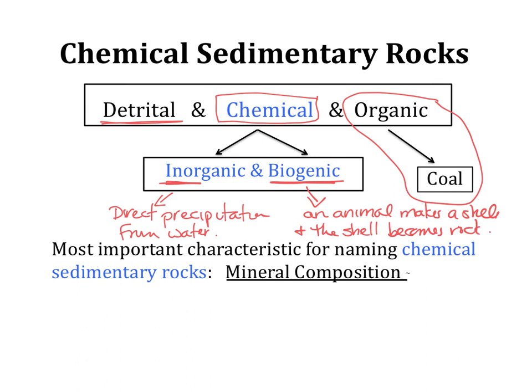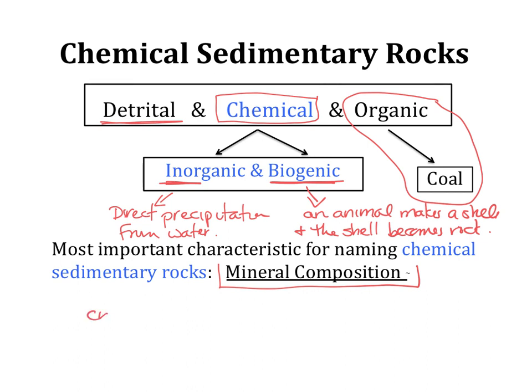So when we named the detrital sedimentary rocks, we did it by looking at the size of the pieces, grain size. We looked at the composition of the pieces, sorting and rounding. We don't have any pieces with this kind of sediment, right? It just crystallizes out of water. So what we name the rocks through is their mineral composition.